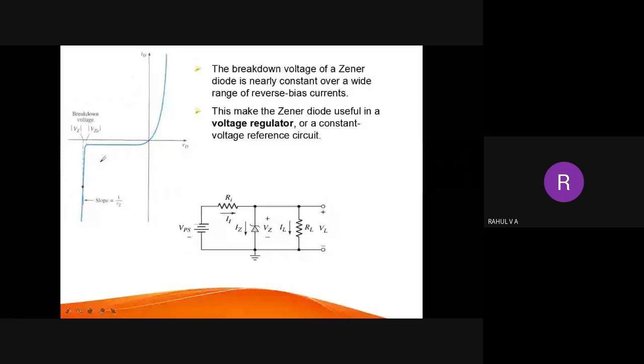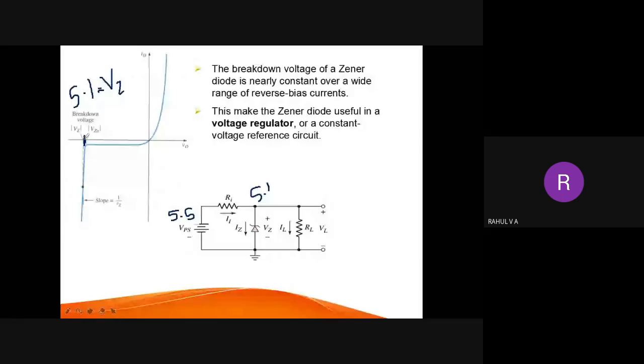Now what happens is, if I adjust this input voltage to some 5.5, that means 5.5 is greater than the Zener voltage 5.1. That means breakdown happens, so it is operated in this region.